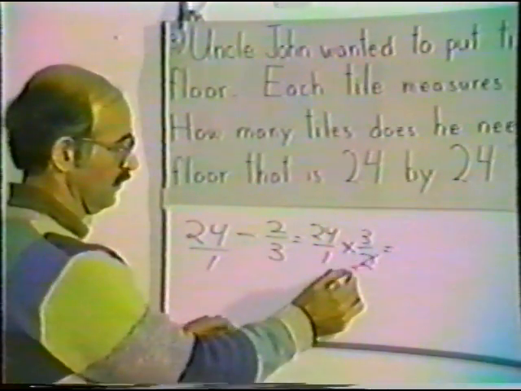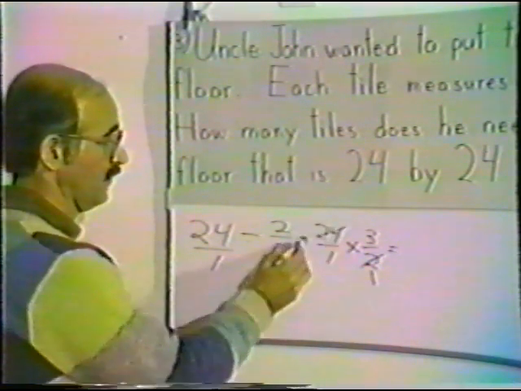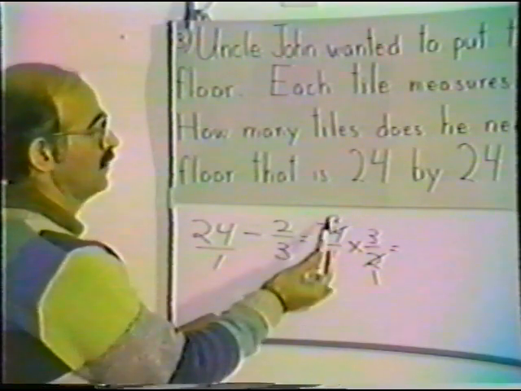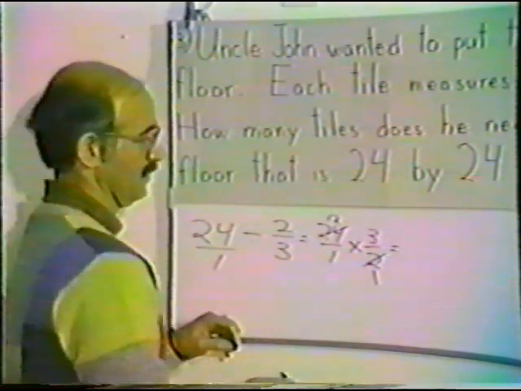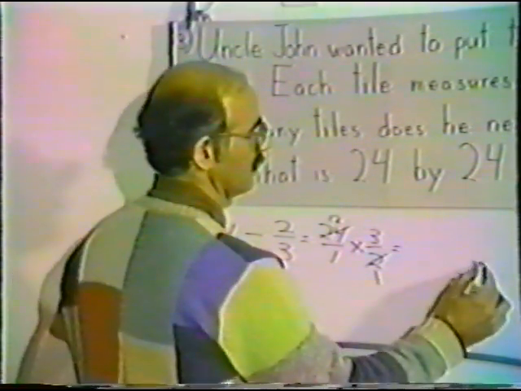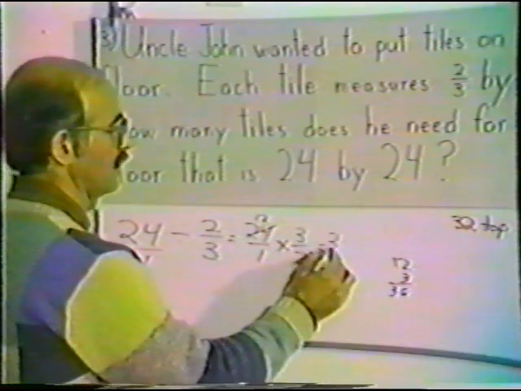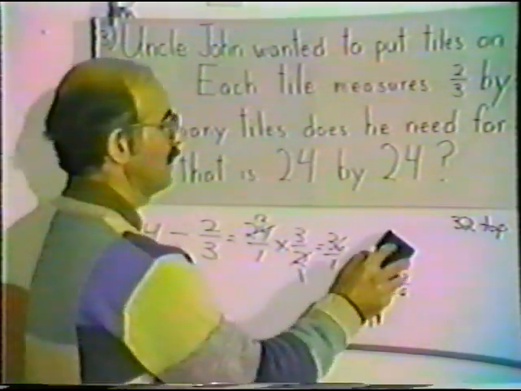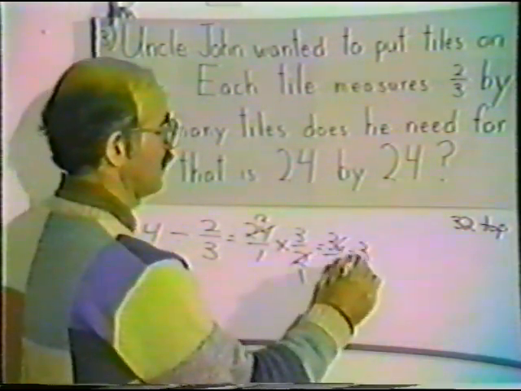Can I cancel the 2 and the 24? Yes. 2 into 2 is 1. 2 into 24 is 12. And 12 times 3 is what? 36. 12 times 3 is 36. 36 over 1 is the same thing as 36.